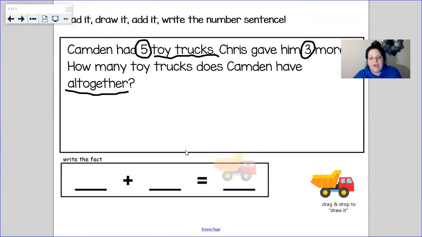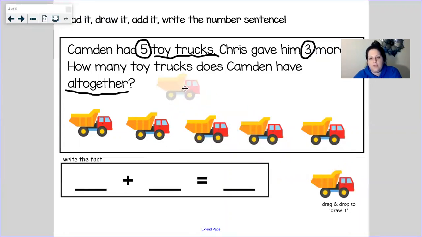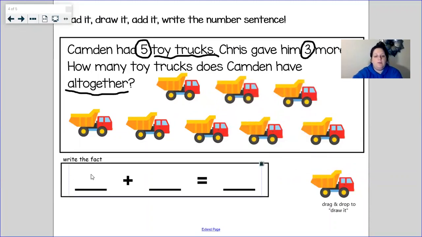So we started out with 5 trucks. So we'll do 1, 2, 3, 4, 5. And then his friend Chris gave 3 more trucks. So 1, 2, 3. So let's start writing our problem. We started out with 5 trucks.